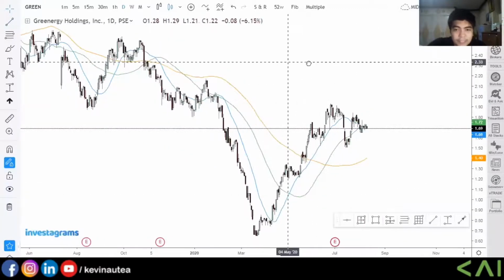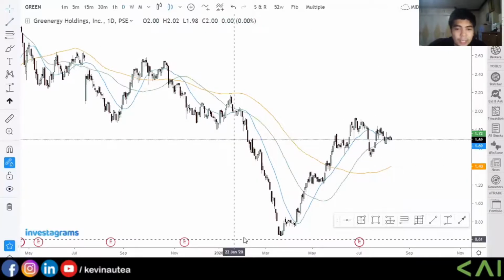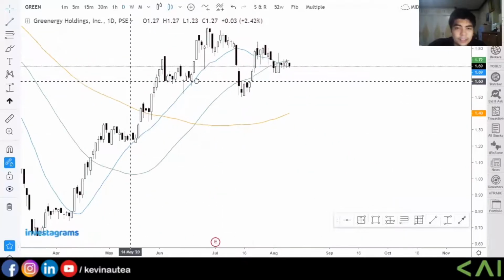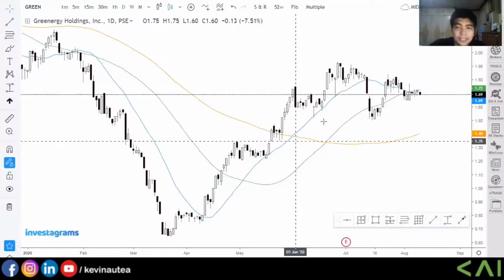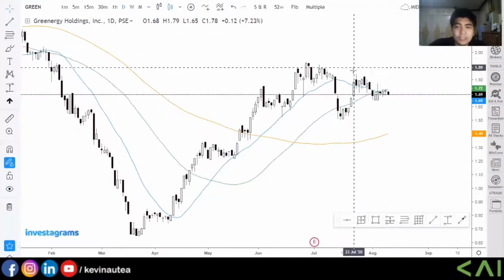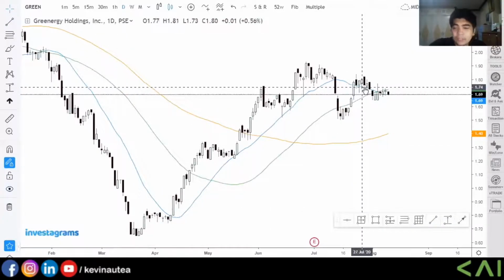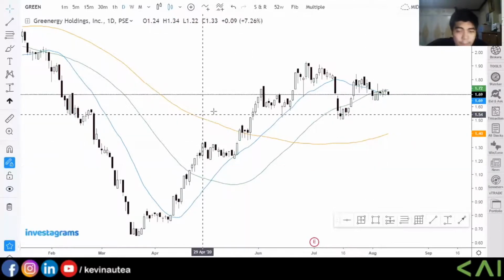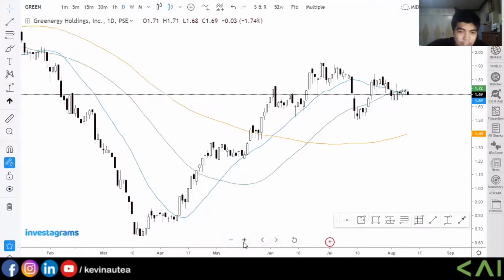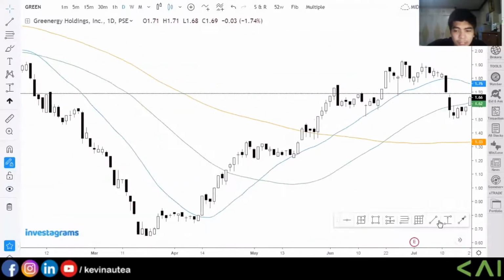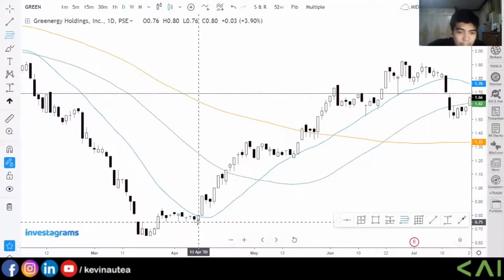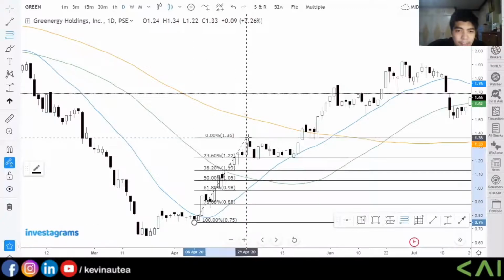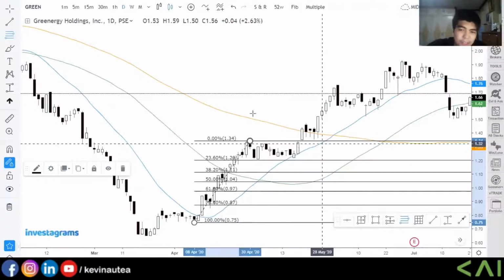So same as AC, 20 moving average is one supporting Green right here, and maybe considering it as its resistance area as well. I use Fibonacci here as well, so you can buy at 23%, that's very low.